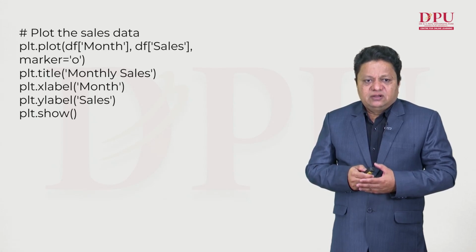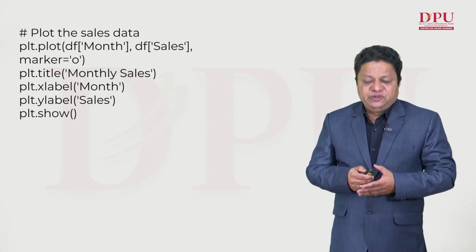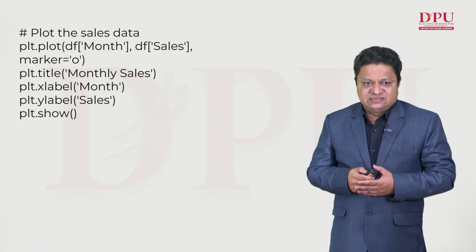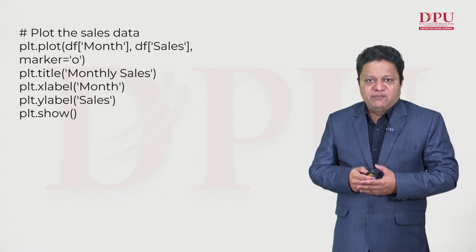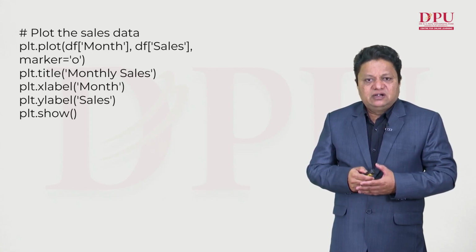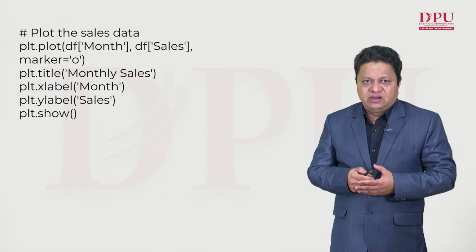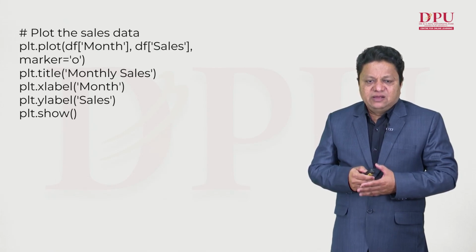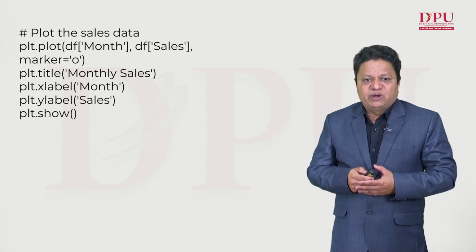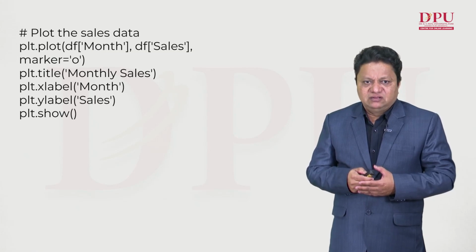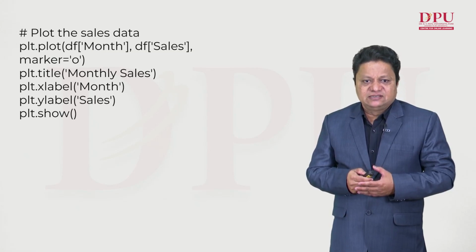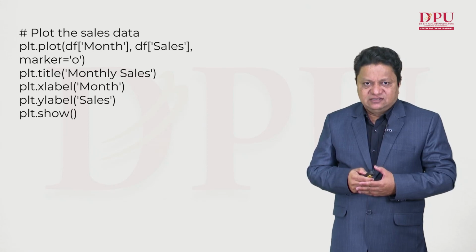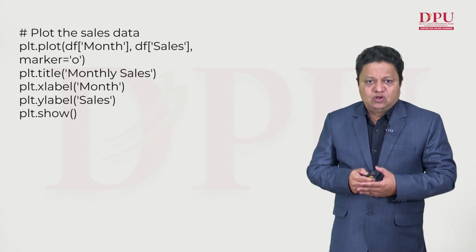So, now here I am plotting the values, that is plt.title is monthly sales, plt.xlabel. So, on X I am giving label as month, and for Y, that is plt.ylabel, I am giving the label as sales. So, on my X I am having month, and on my Y axis I am having sales. So, when I execute this statement plt.show, what I will get?